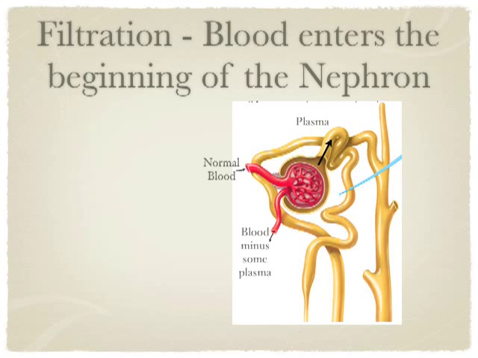So, all of this action then, the filtration and the reabsorption, takes place in the nephron. And here's one up close. Notice the artery leading the normal blood into the nephron, and the blood then coming back out minus some of the plasma.